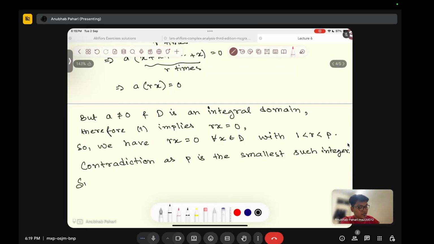Similarly, when SA equals to 0, we have contradiction.